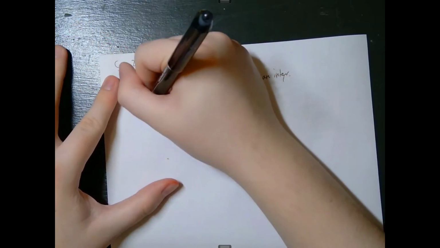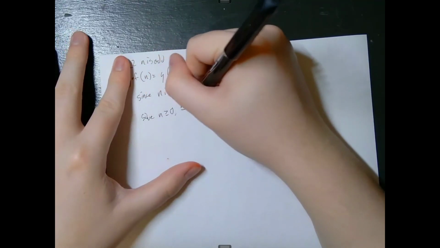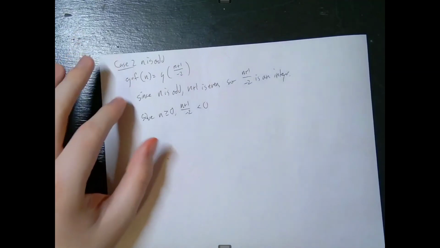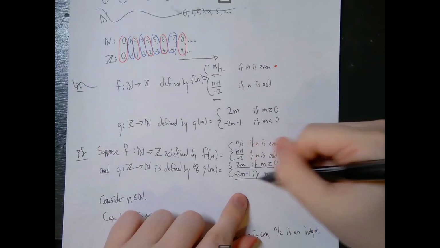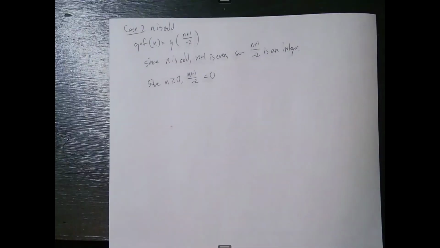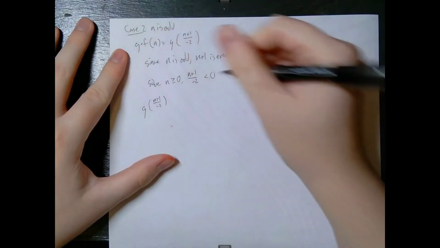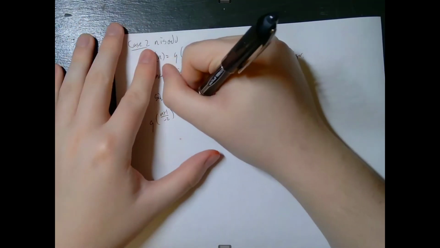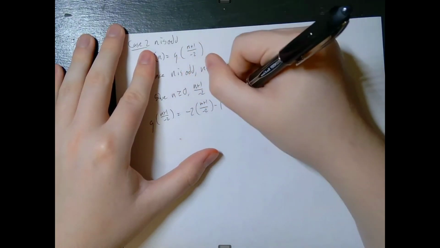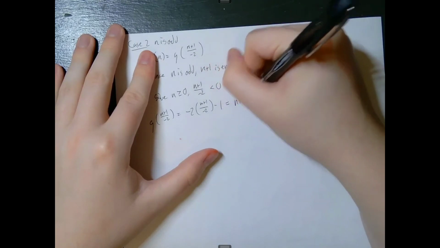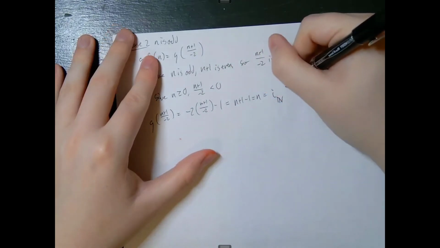Also, since n is greater than or equal to 0, (n+1)/-2 is strictly less than 0, which means that we apply this case of g. So g of (n+1)/-2 equals -2 times (n+1)/-2 minus 1, which equals n + 1 - 1, which equals n, the identity map over the natural numbers of n.